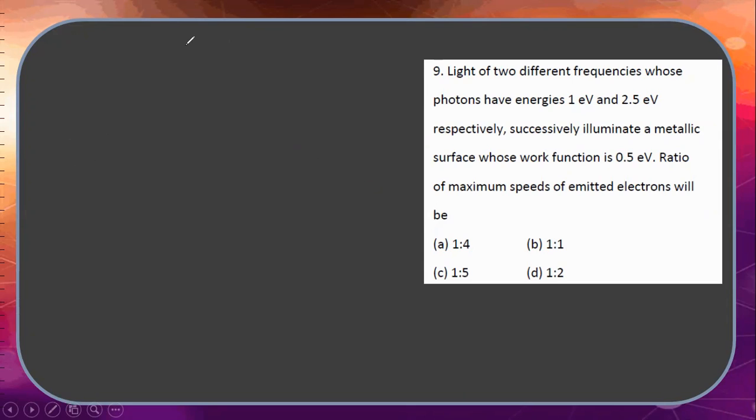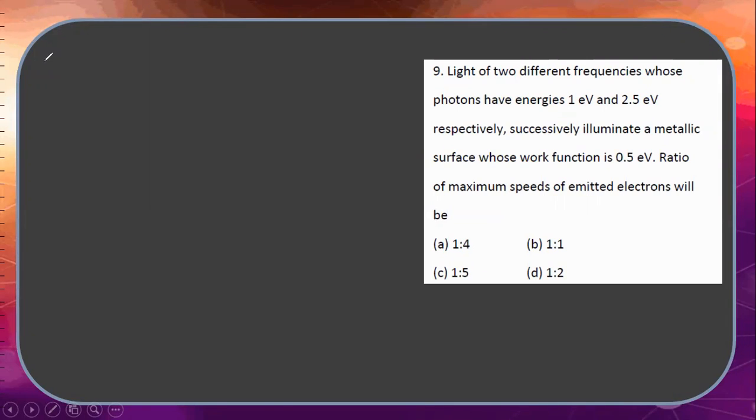This is the work function given. Given data: light has two different frequencies whose photons have energies given. We need to calculate the ratio of maximum speeds.